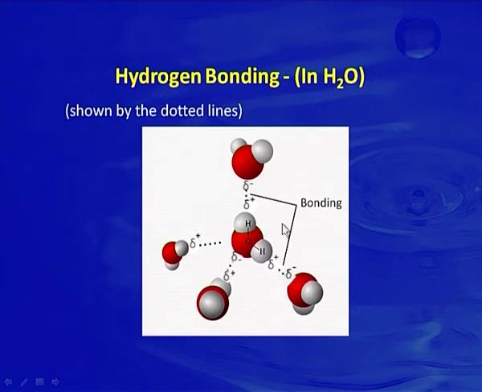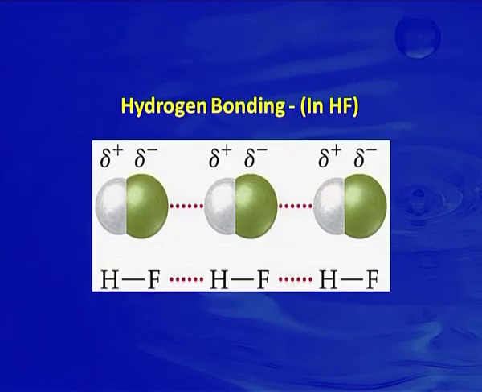Here the dotted line shows the hydrogen bonding between oxygen and hydrogen. Here is the hydrogen bonding in hydrogen fluoride, HF. Here H has the partial positive charge and F has the partial negative charge, and the bonding in between hydrogen and fluorine is hydrogen bonding.